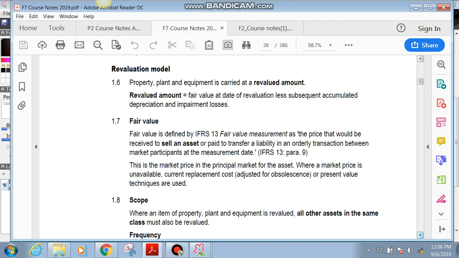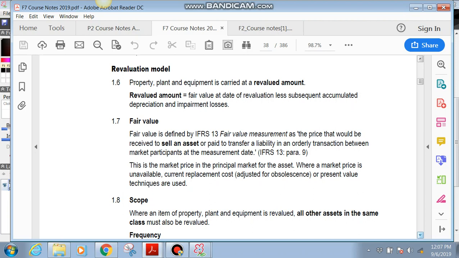I urge you, these definitions, you need to start memorizing them now. You need to bring them out as they are given. If you can't recite them exactly, you need to write something as close as possible, with the meaning as close as possible to what is given in the study, especially when you come to P2 where there's a lot of writing on standards.